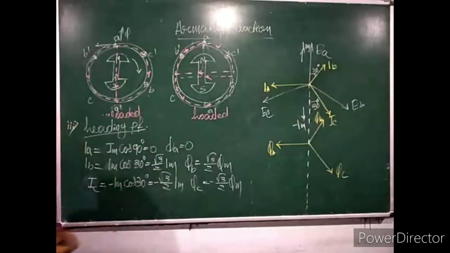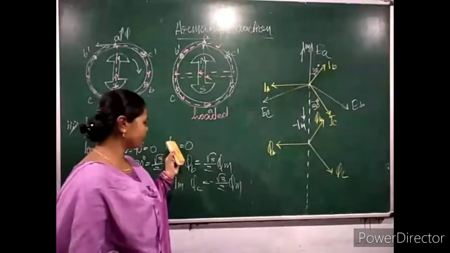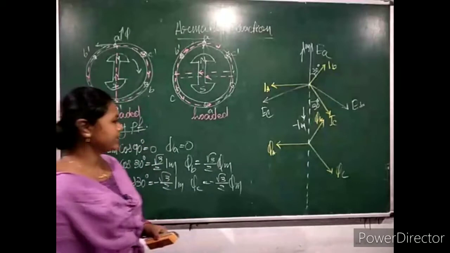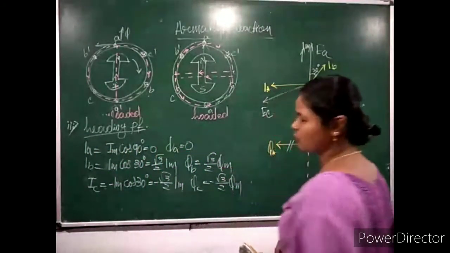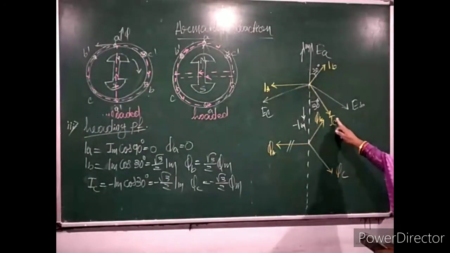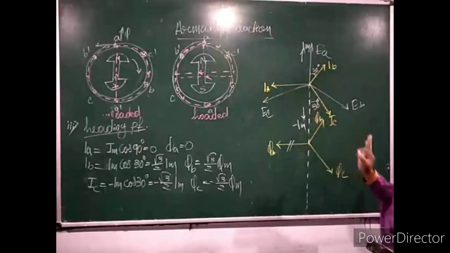So for getting the resultant flux produced by the armature conductor, first you draw the phasor for these 3 quantities in the same phasor diagram. As phi A is 0 here, I cancel this quantity, and phi B is plus √3/2 phi M. This is phi B, so its value is √3/2 phi M. As it is a positive quantity, here I keep this phasor in the same direction.